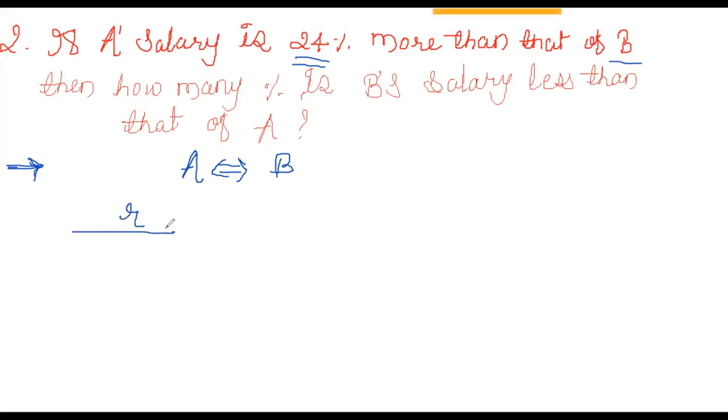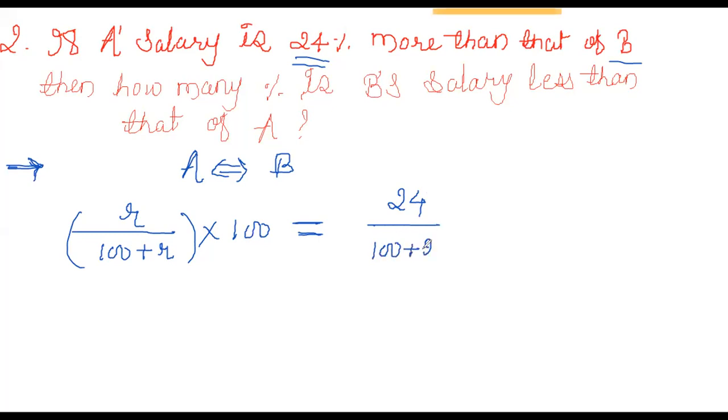R divided by 100 plus R into 100, for R percent more than B. Using this formula for the salary of B, it is 24 divided by 100 plus 24 into 100.